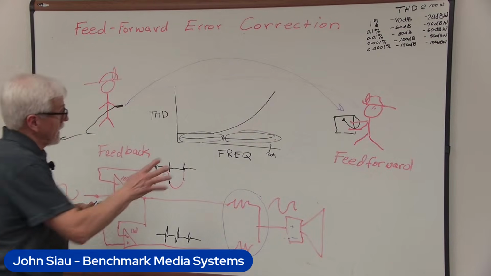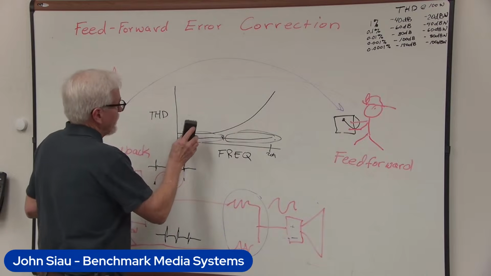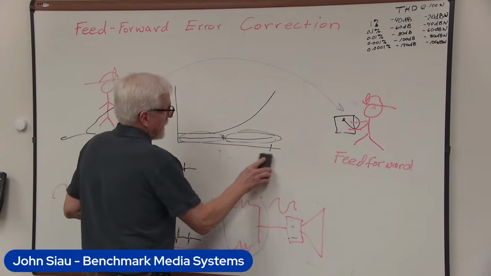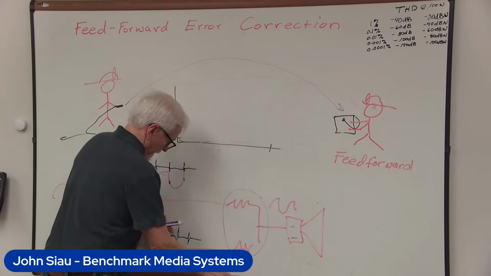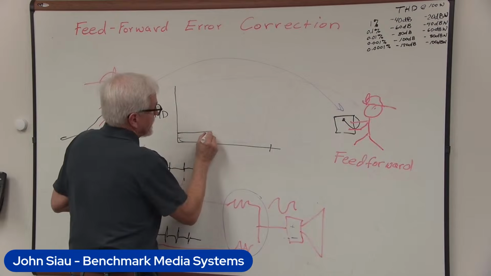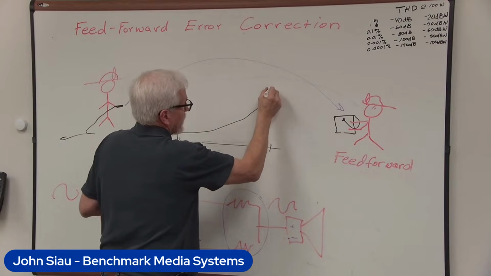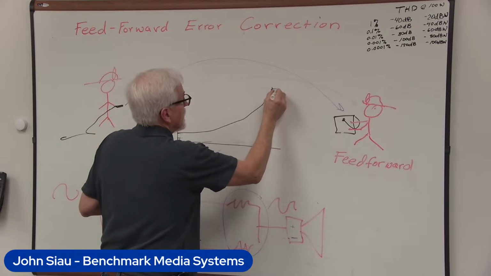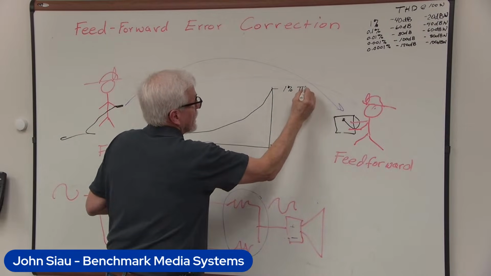So the other curve that's interesting to look at is THD versus level. And you'll find that a typical power amplifier rises up to the point where we get to 1% THD.